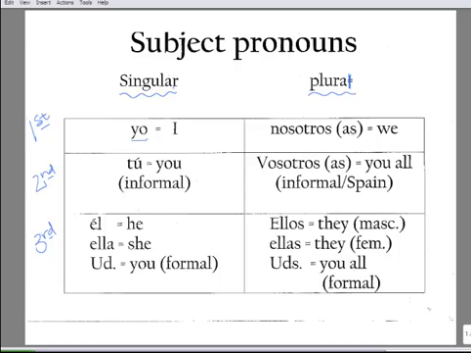If it's singular and it's second person, now when you're talking in the second person, you're talking to someone, and that should be easy to remember because second person, to. So when you're speaking in the second person, you're talking to somebody, and now you're either talking to somebody informally, one person, or you're talking to more than one person. So if you're talking to one person, you're going to say, do you like to dance?